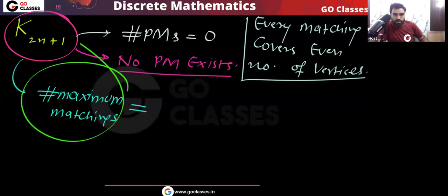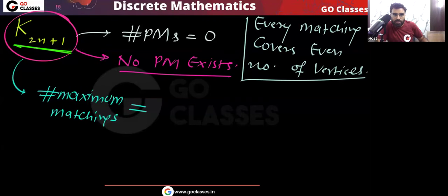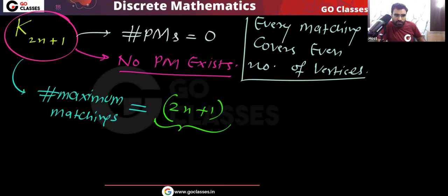So the number of maximum matchings in K2n+1 will be equal to, remember, one vertex will be left, because maximum 2n vertices we can cover. So first you decide which vertex is left. Total we have 2n+1 vertices, one of them will be left. So 2n+1 choices are there for the left out vertex. Yes or no?